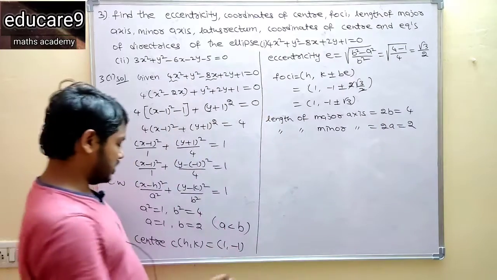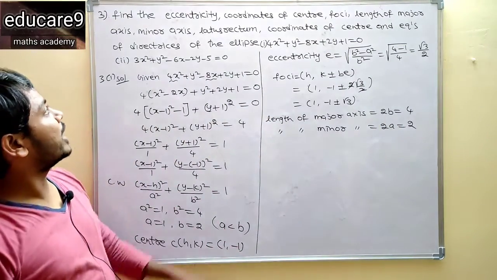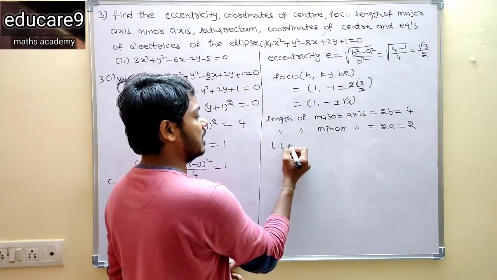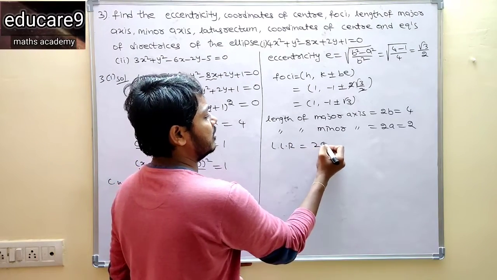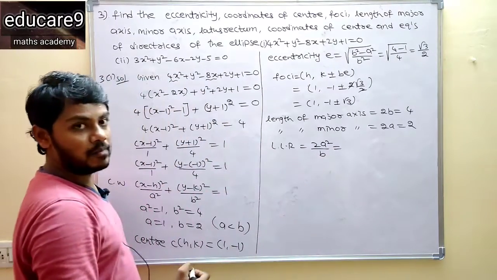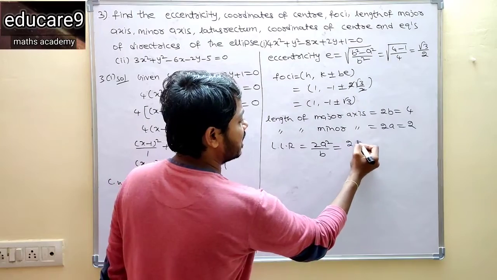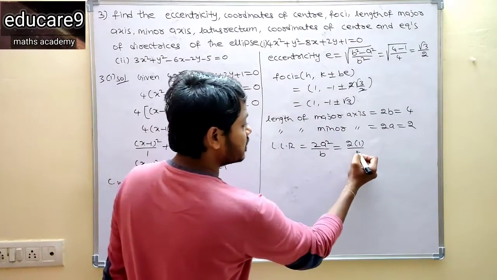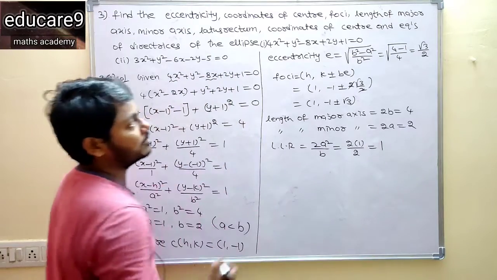So a value is 1, you will get 2. Next, find length of latus rectum, that is LLR. You will get the formula 2a square by b. So 2 into a square value is 1 and b value is what? 2. So you will get length of the latus rectum is 1.